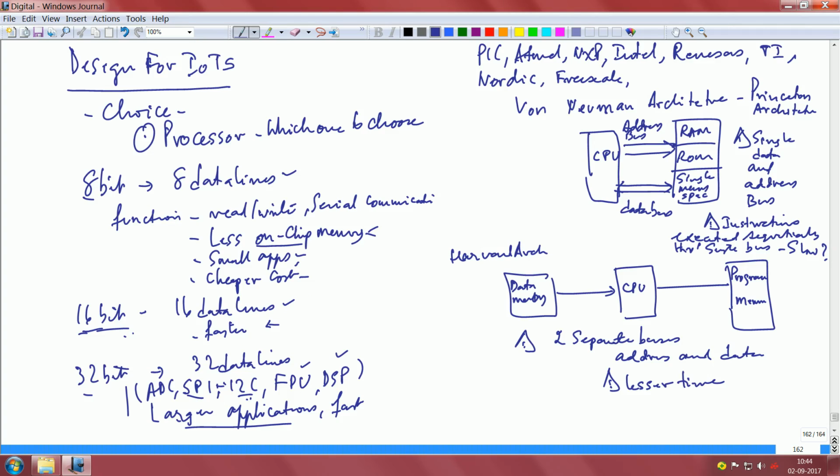And DSP functionality, for instance multiply and accumulate, MAC functionality, will actually eliminate the need for you to put in a DSP processor if you are talking about any DSP application that you have in mind. We will come to that, but let me tell you quickly what it actually means.